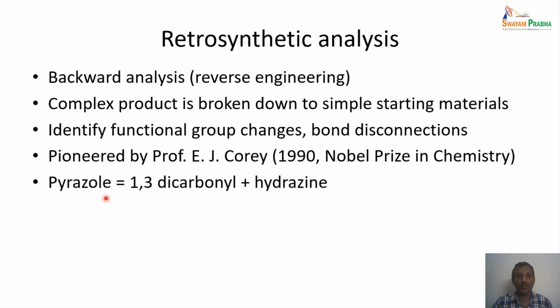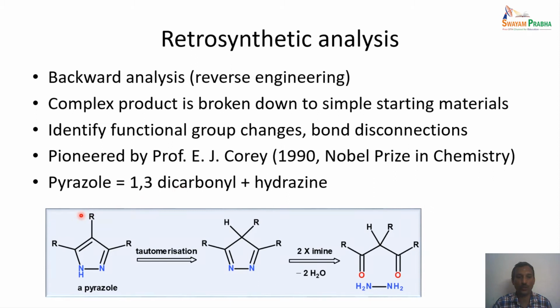Pyrazole is basically a 1,3-dicarbonyl plus hydrazine. So this is one of the ways we can break this molecule. Let us look at the pyrazole molecule. This can undergo tautomerization as shown here, and this compound can be broken down here because we have a double bond.